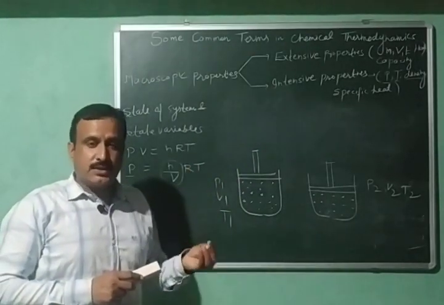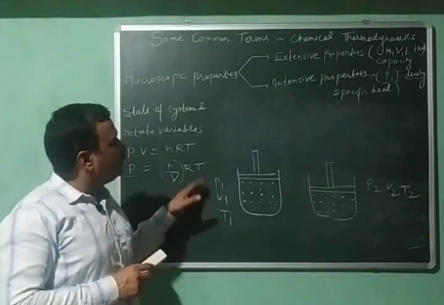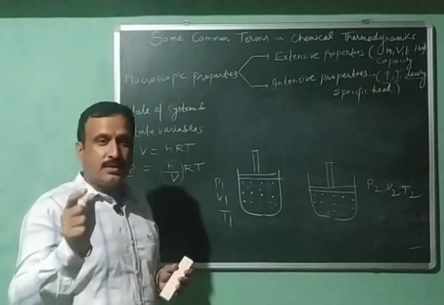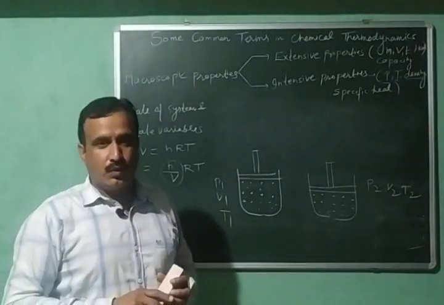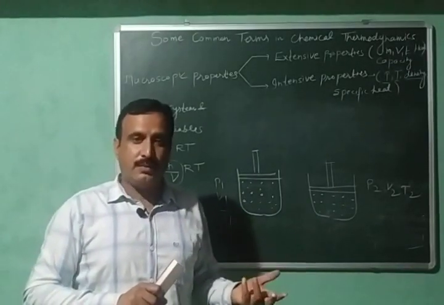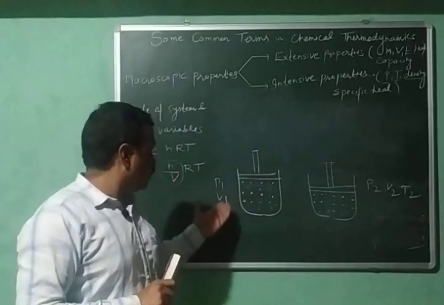And to change the state of the system, it is not necessary that all these three variables have to be changed. If only one variable is changed, then the state of the system is also changed. So what are the state variables now? The state variables are the macroscopic properties: pressure, volume, temperature.